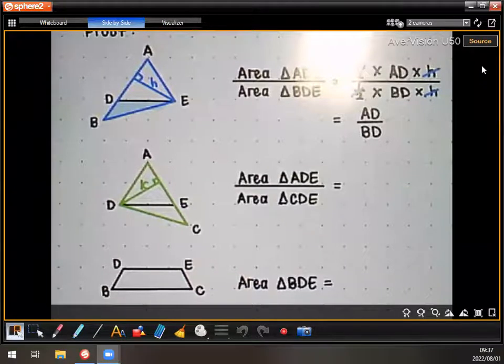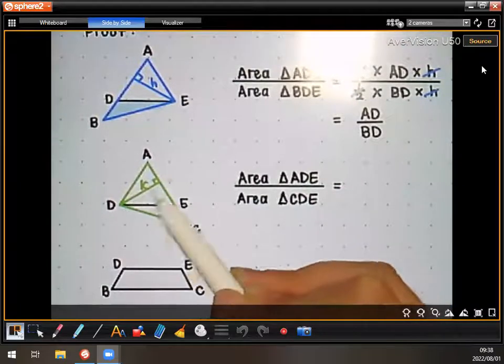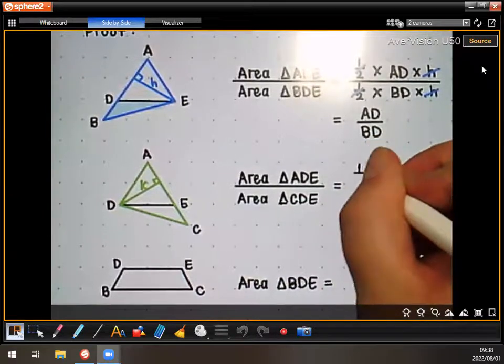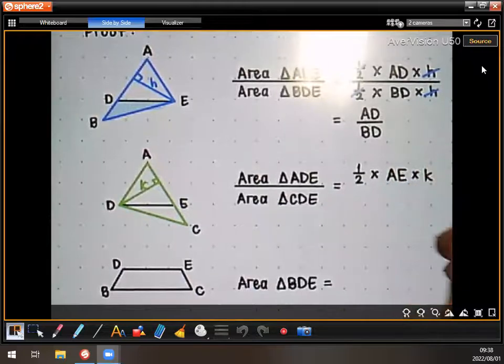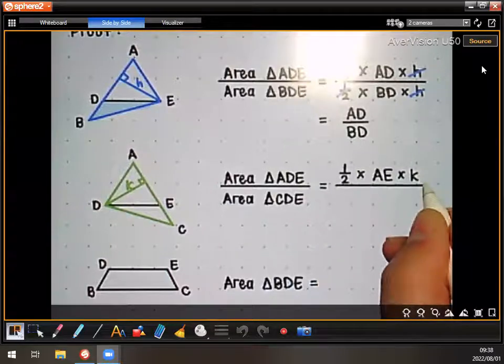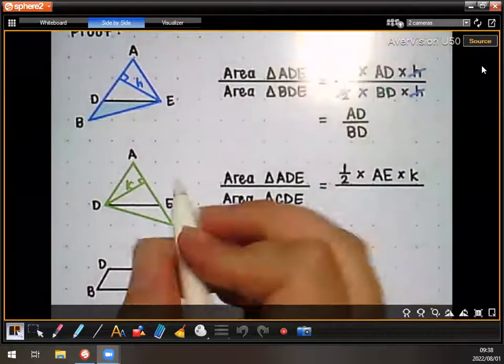We're going to do the same thing again. We take the area of the top triangle over the area of that bottom smaller triangle. The area of the top triangle is ABE, but now, because this is our perpendicular height, the base is going to be AE. So half times AE times the perpendicular height, which we made equal to K. Now the area of this bottom triangle.